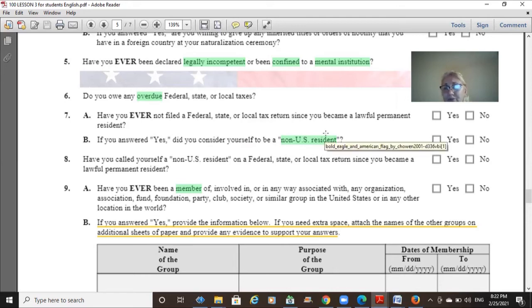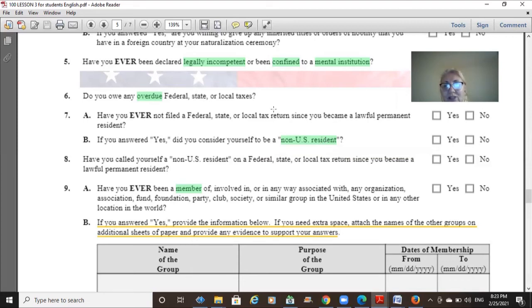Now, people do that to avoid paying taxes, but we all know that we have to pay taxes every year. Now, if you are a lawful permanent resident, why would you think that you are a non-US resident? That actually doesn't make any sense, right?